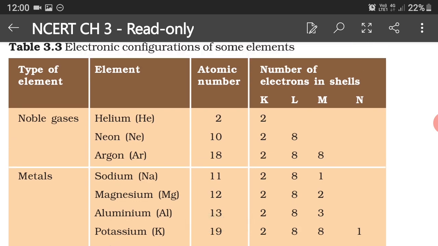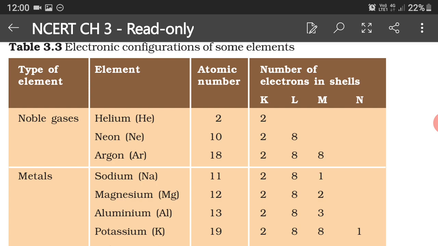Similarly, the number of protons is also 11. When it has not formed an ion, that means it has not lost any electron, the atom is as a whole neutral. The number of protons is equal to the number of electrons.